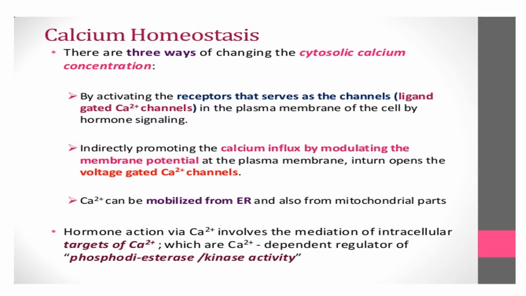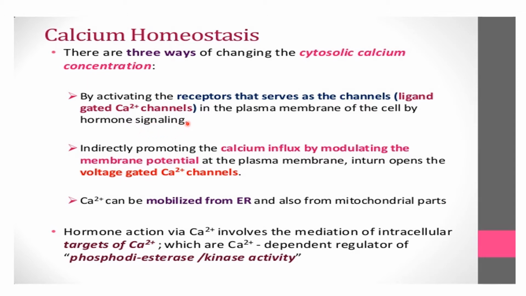There are three ways of changing the cytosolic calcium concentration: by activating receptors that serve as channels, like ligand gated calcium channels, in which the ligand binds to calcium channels and they become open, like in the plasma membrane of the cell, by hormone signaling.